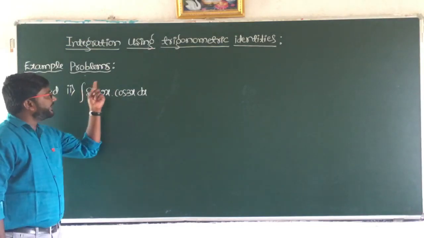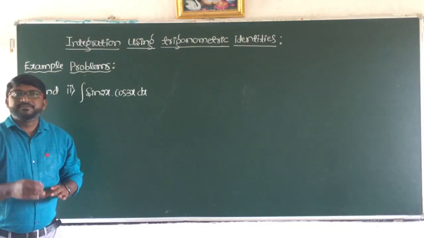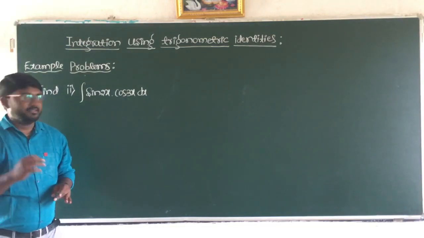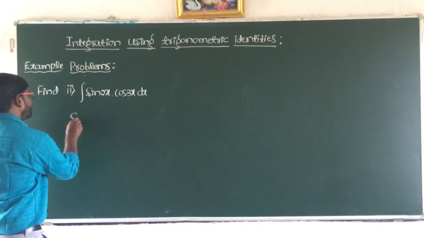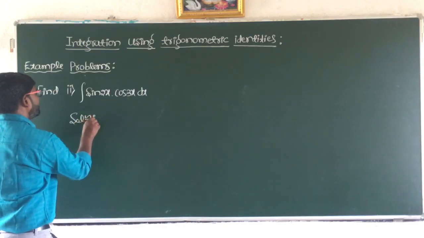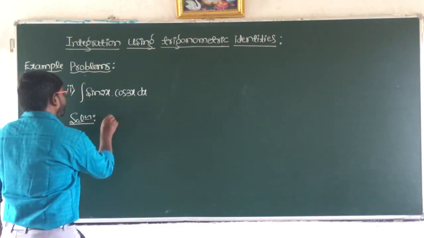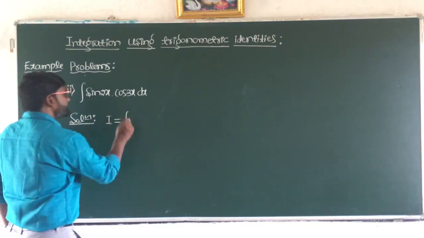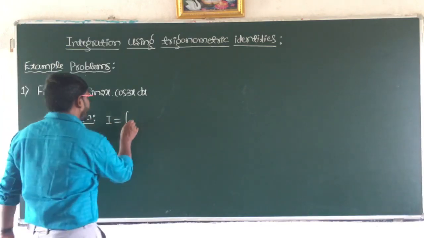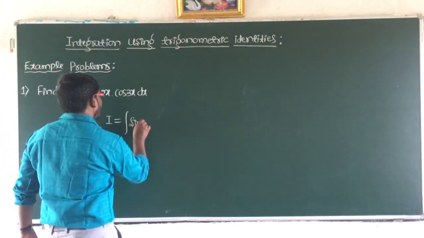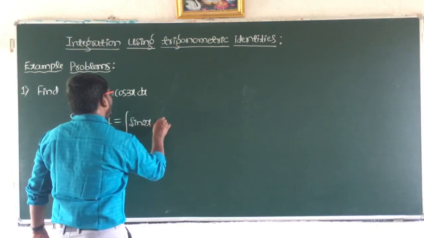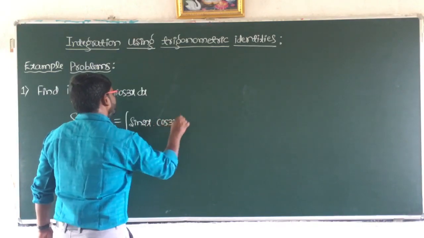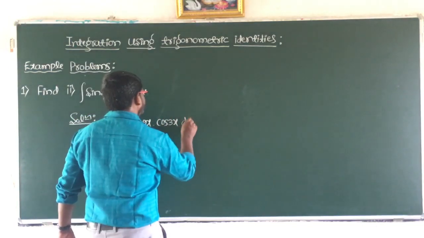Here the integrand is in the form of sin a cos b. So we have to make use of the formula which we have studied in our first PUC. Take this as I is equal to integral sin 2x into cos 3x dx.